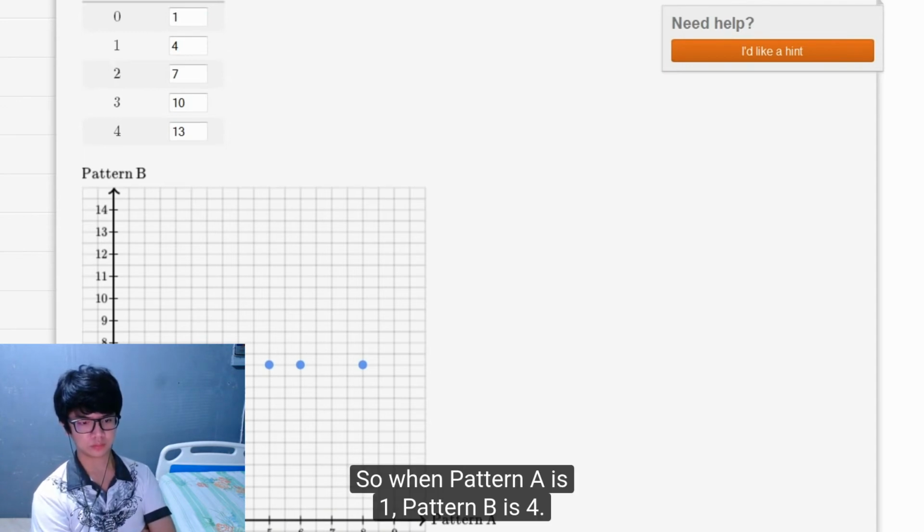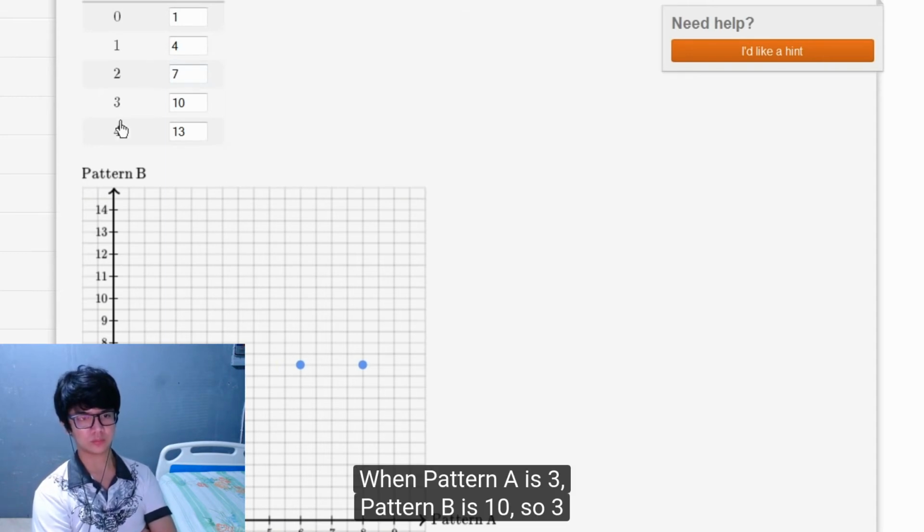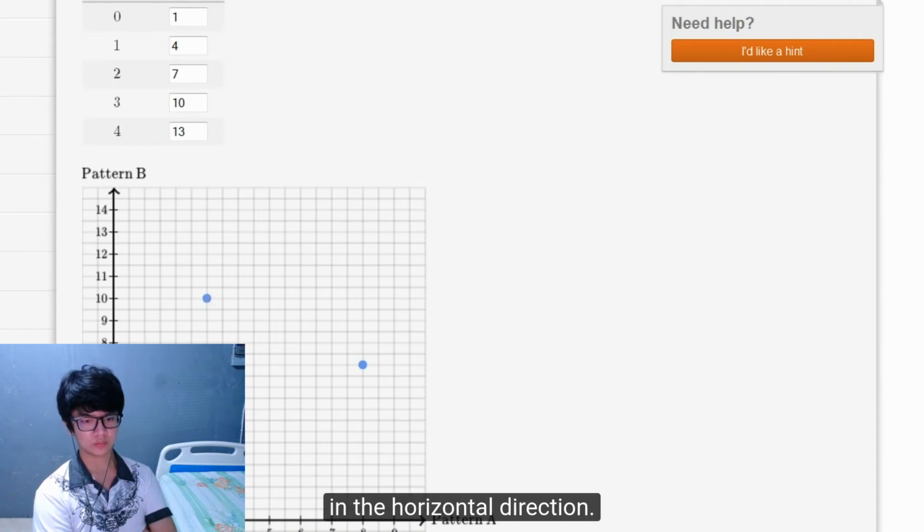Pattern B is on the vertical axis. When pattern A is 2, pattern B is 7. So 2 and 7. When pattern A is 3, pattern B is 10. So 3 in the horizontal direction, that's our pattern A value, and our pattern B value is 10.